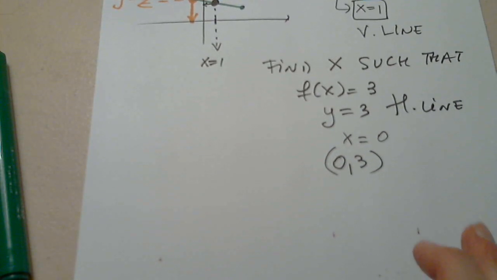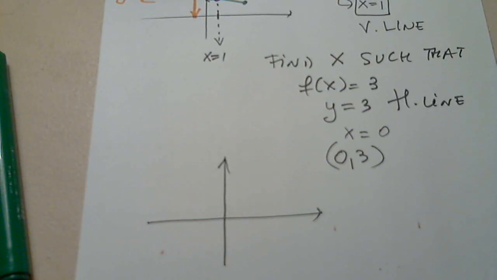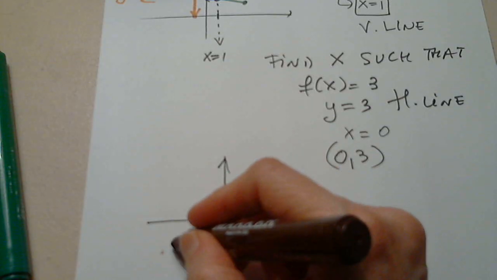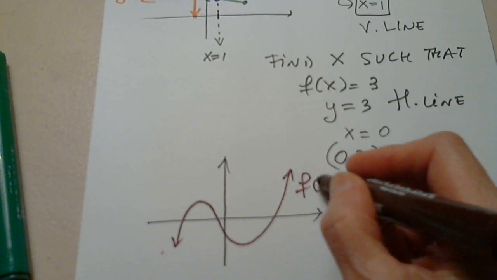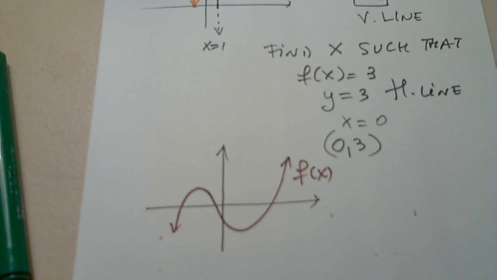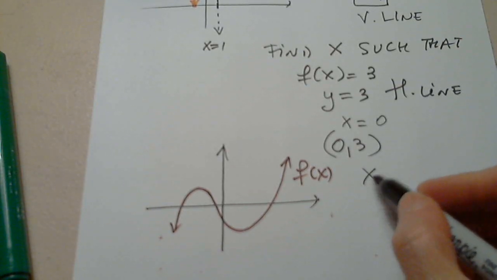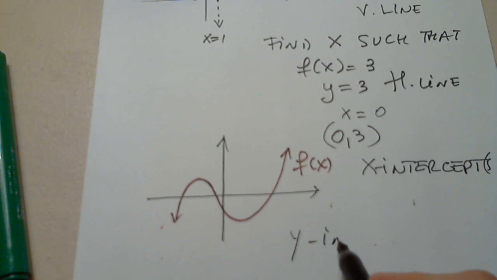One other thing that I wanted to discuss here, let's suppose I have this graph. So this is the graph of a function. I hope you agree. By the vertical line test, this is a function. And a very important question here would be x-intercepts, intercept or intercepts if they exist, and also y-intercept.